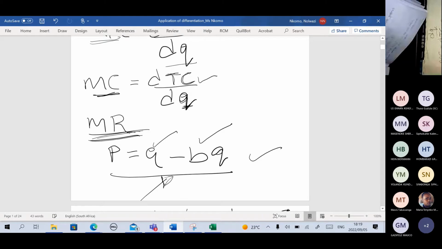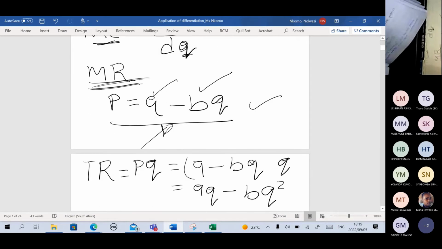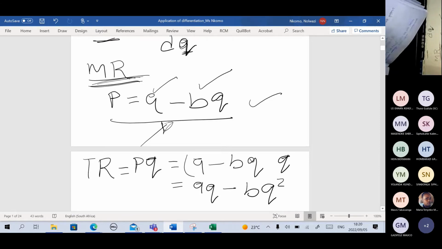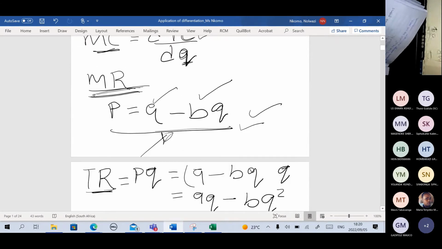Remember, for now we're talking about the marginal revenue, right? And we were told that the marginal revenue is the derivative of the total revenue with respect to Q, right? And here we were given the demand function, and we multiplied it by the number of units demanded and obtained the total revenue. What can we do from the total revenue to get the marginal revenue?